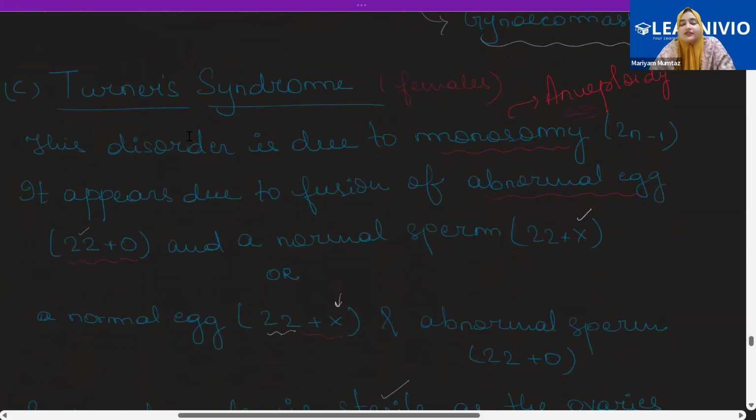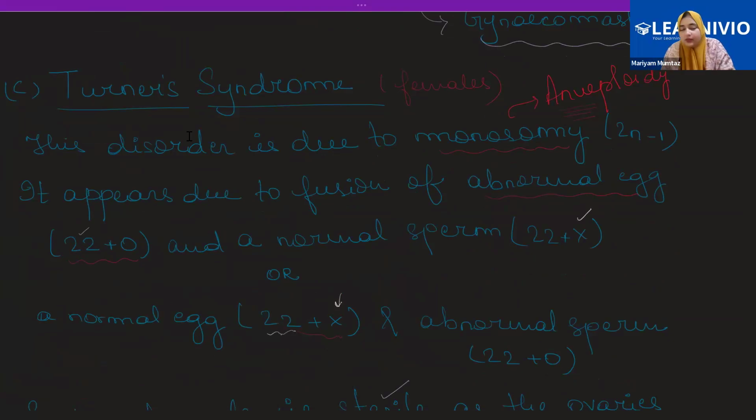Then we have the last disorder, that is Turner syndrome. Turner syndrome is the one that is caused due to monosomy, wherein it can be caused either because of the fusion of an abnormal egg that doesn't contain any sex chromosome, neither X nor Y, with a normal sperm that contains the X. Mostly Turner syndrome is the one associated with females.